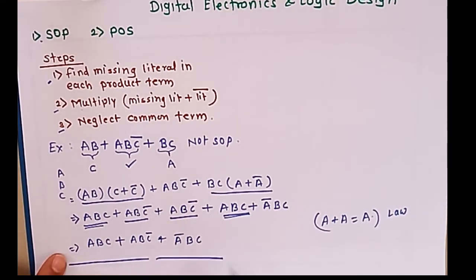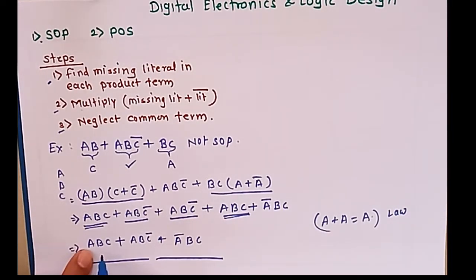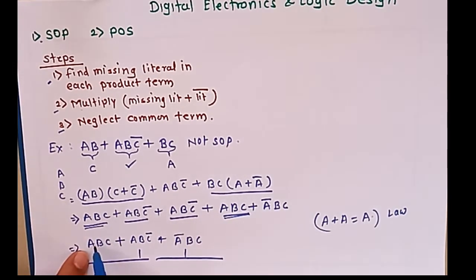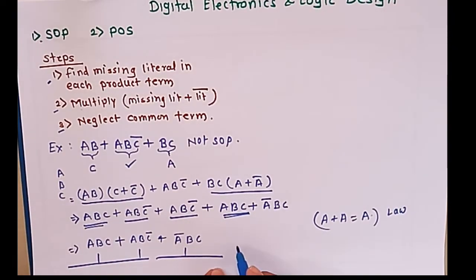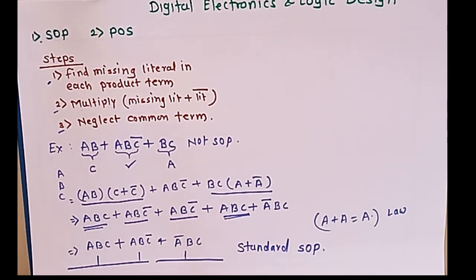Now if we look at this equation, how many product terms are there? This is first, second and third, and all the product terms consist of all literals. Here all three literals, A, B, C are present, here also, and here also. So this is a standard SOP equation.